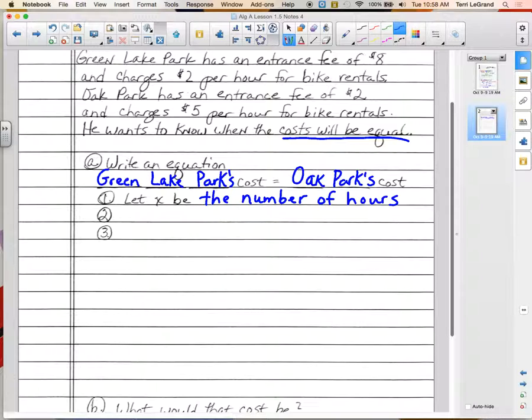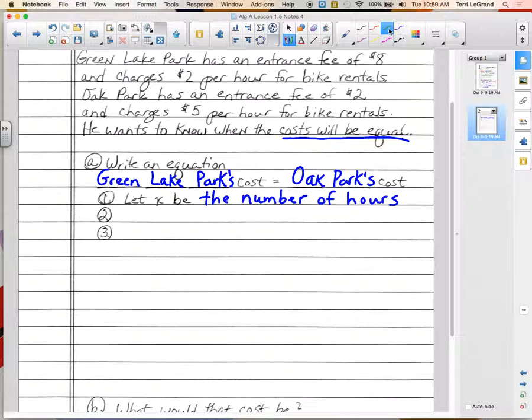Anybody remember what we do in step 2 of our word problems? Write down the equation. Yeah. So let's go up here and circle the things that are important. See if all numbers are important or if there's some that are not even relevant to the problem itself. So Green Lake Park has an entrance fee of $8.